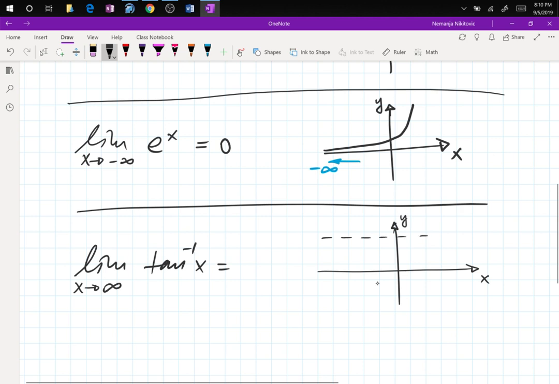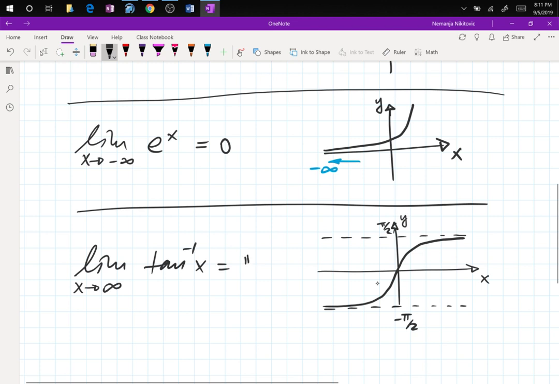It's going to have these boundaries at negative pi over 2 and pi over 2, and it's going to snake through like this. And now you're looking at the graph and you're going to tell me the limit of inverse tangent as x goes to positive infinity.